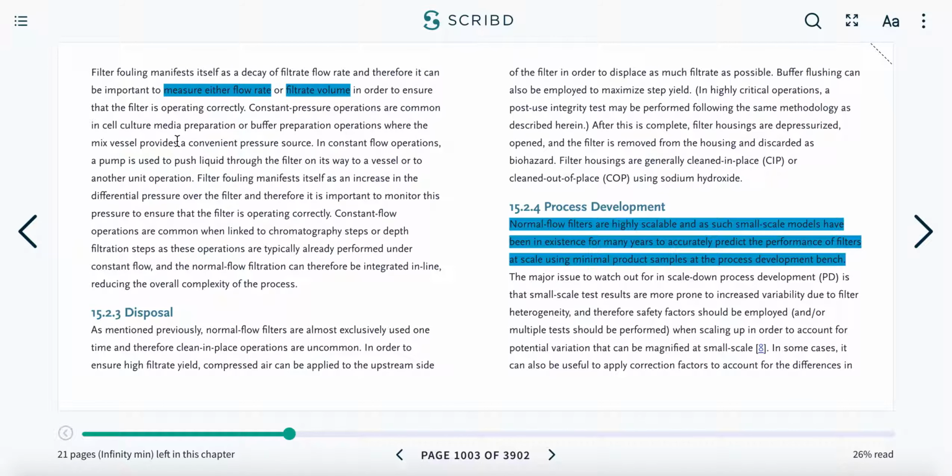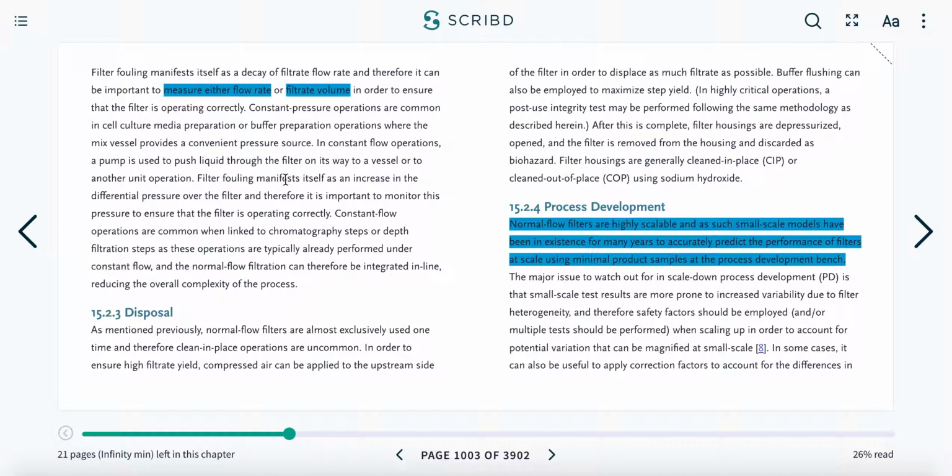Constant pressure applications are common in cell culture media prep and buffer prep operations. So constant pressure operation is mainly for buffer prep, and cell media prep is not really an integral part of your downstream processing, I would say. For example, you have UFDF and depth filtration.